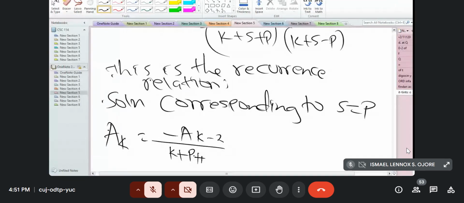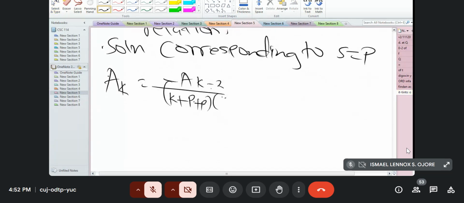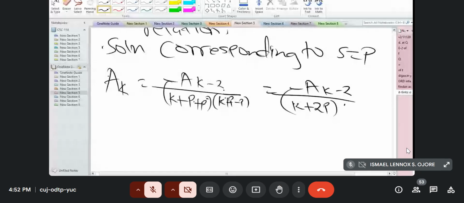So k plus p plus p, and k plus p minus p. P plus p is 2p, so k plus 2p. K plus p minus p is just k.